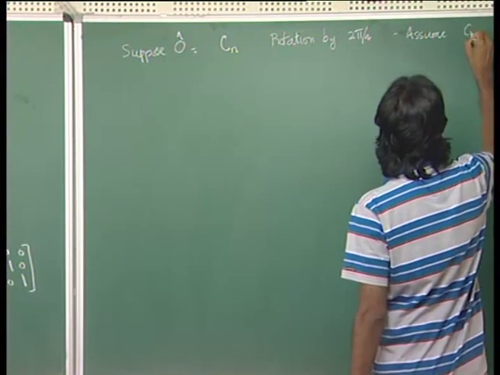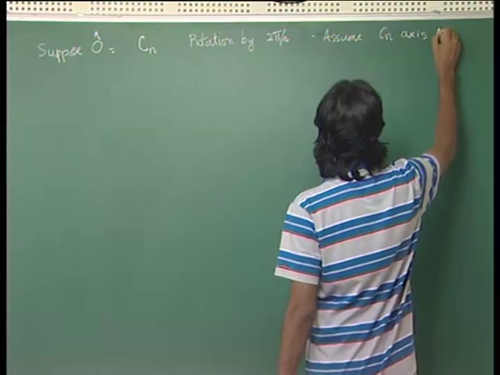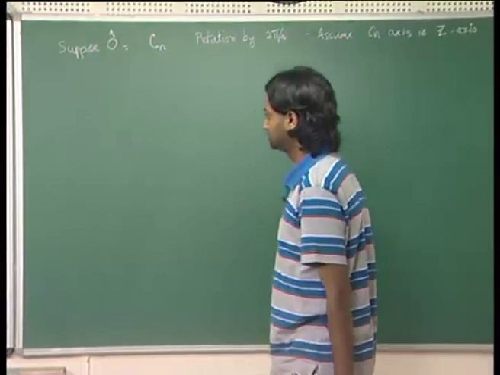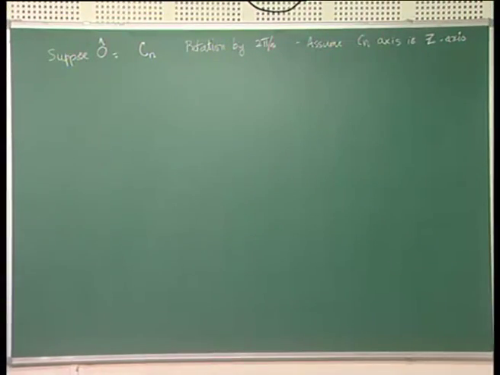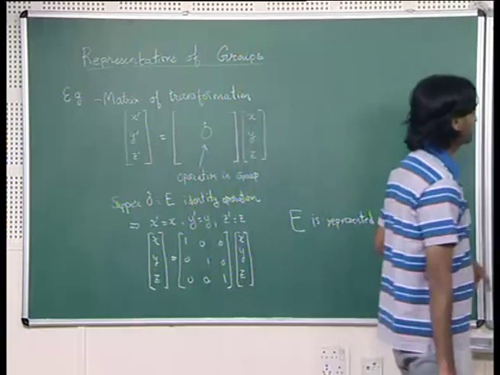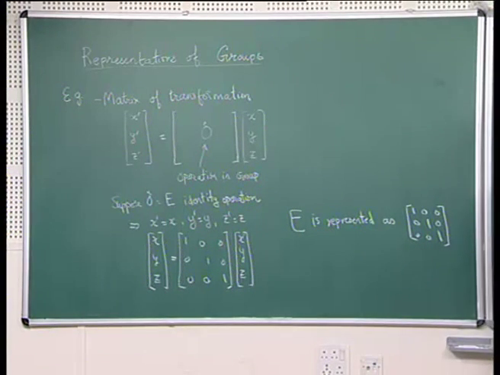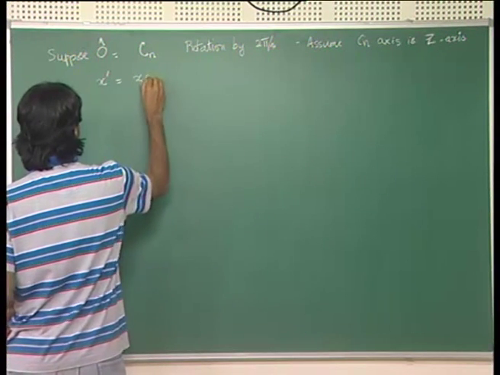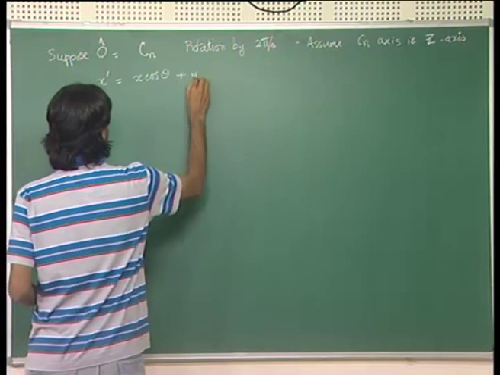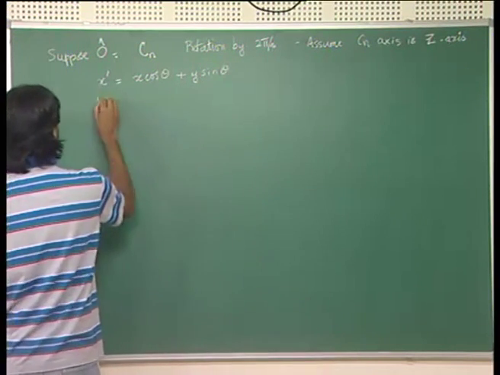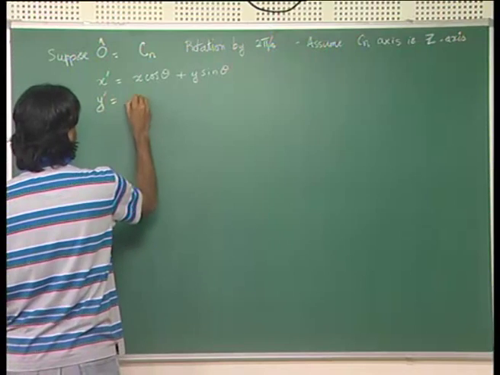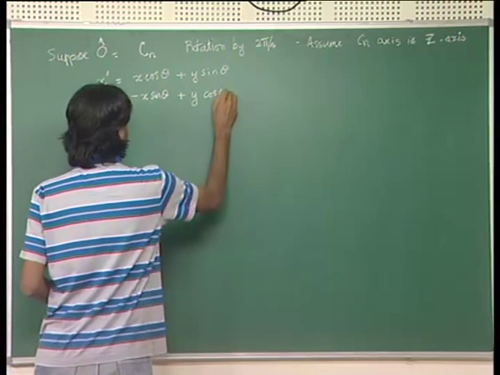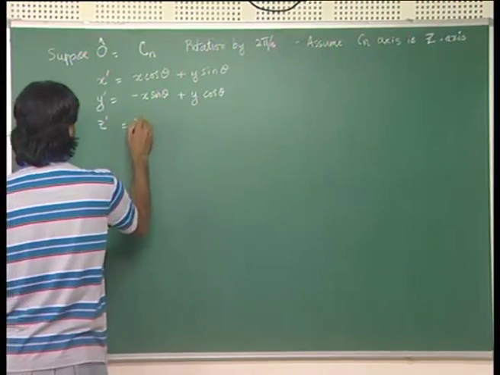Let us assume the C n axis is the z axis. So, you are rotating about the z axis by 2 pi by n, and when you do that, then you know that your x prime is equal to x cos theta plus y sin theta, y prime is equal to minus x sin theta plus y cos theta, and z prime equal to z.